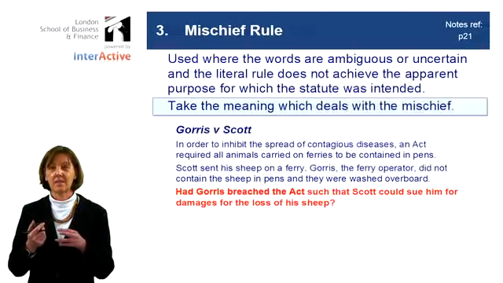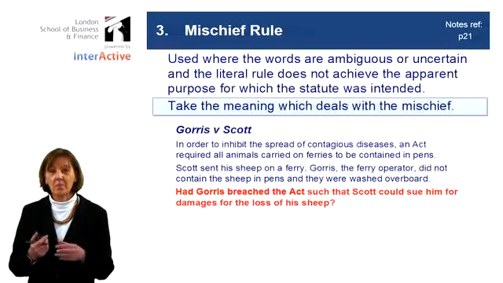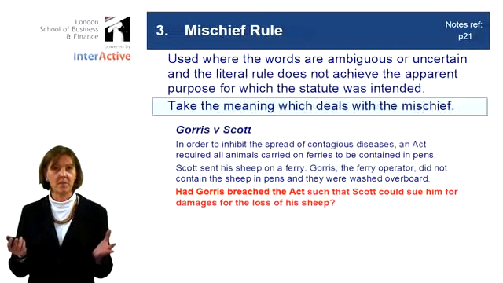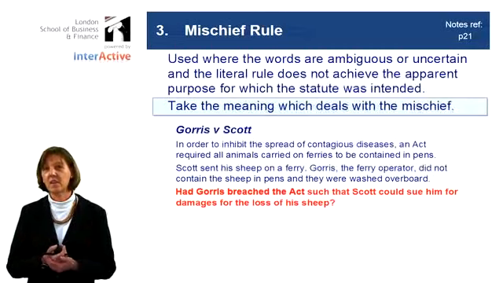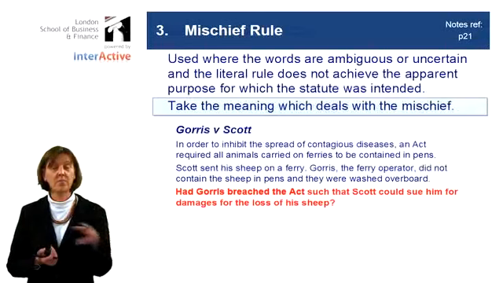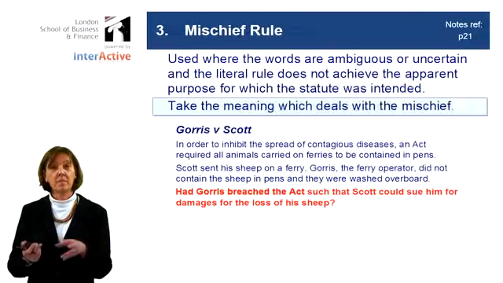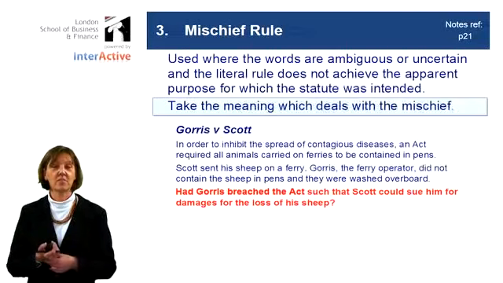Well, what was the problem the Act was dealing with? Why were the sheep supposed to be in pens? Well, as it tells you at the beginning of the facts, the reason they had to be in pens was to stop the spread of contagious diseases. Animals from different farms had to be in different pens. The purpose of the Act was not to stop sheep being washed overboard.